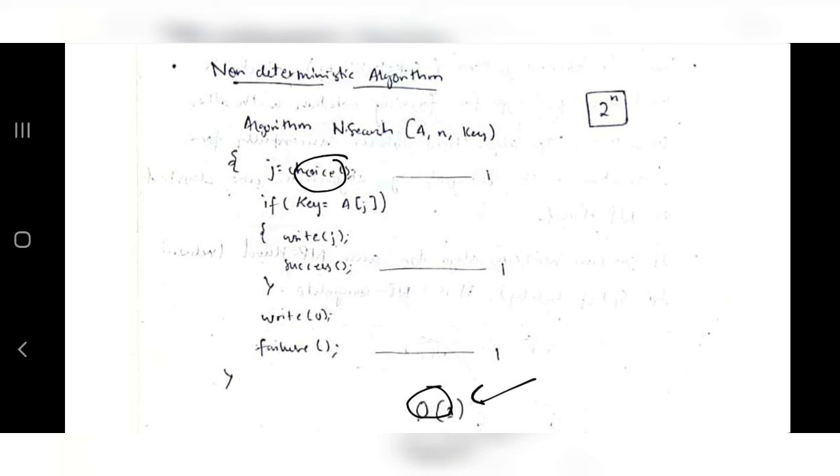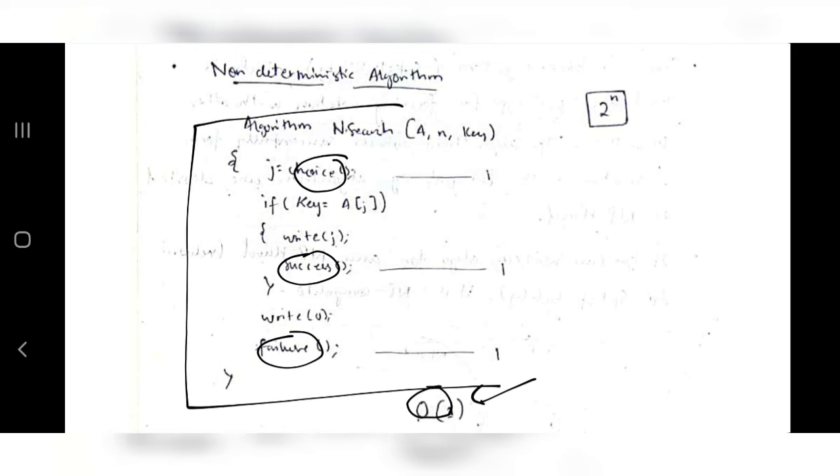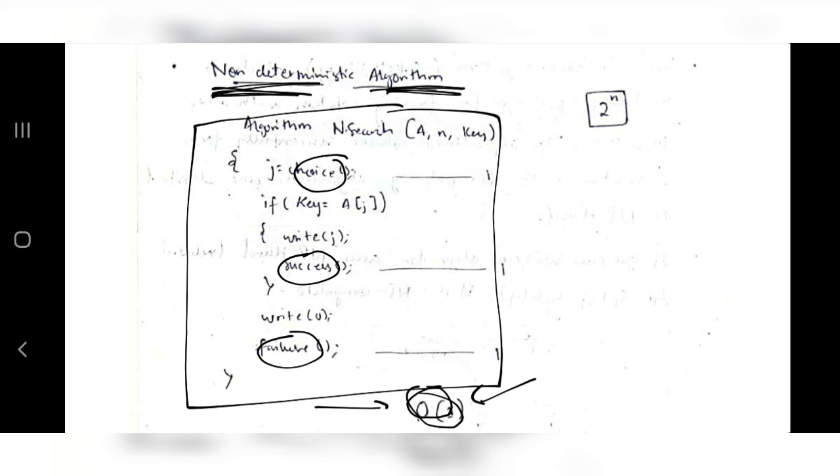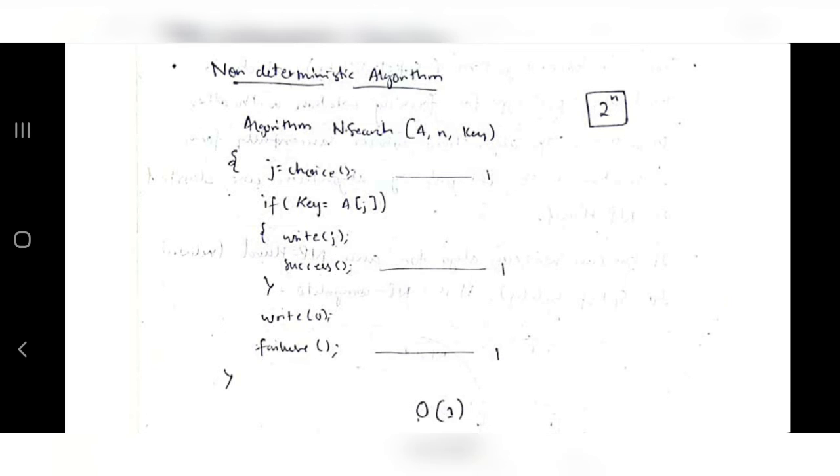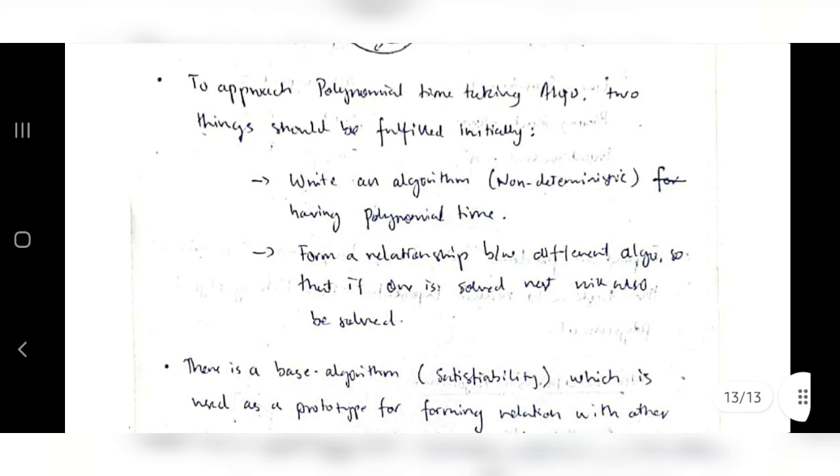It's okay if you include ambiguous lines of code, because they can be fulfilled later, and we'll at least get an idea. So the first step is to form an algorithm which, although it might be non-deterministic, takes polynomial time. This is more important.